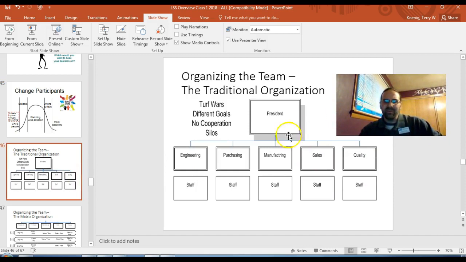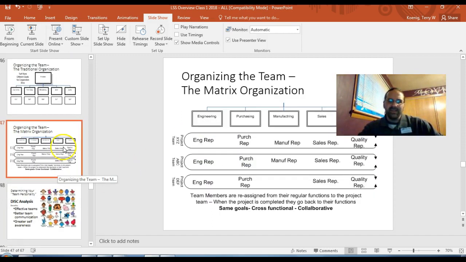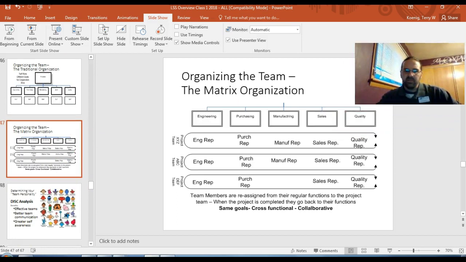So digging into your organization, you might have a chart that looks something like this, right? Engineering, purchasing, manufacturing, sales, quality, below staff. You want to kind of dig into it on your teams.